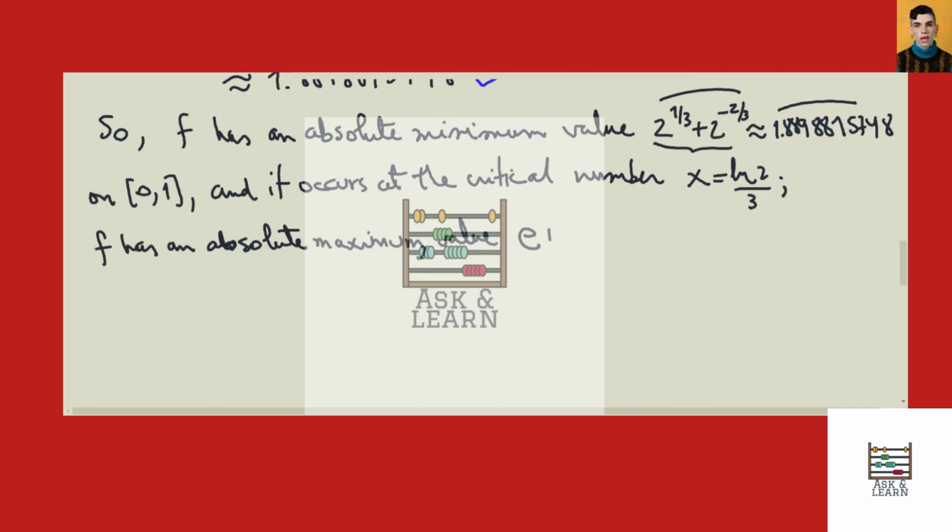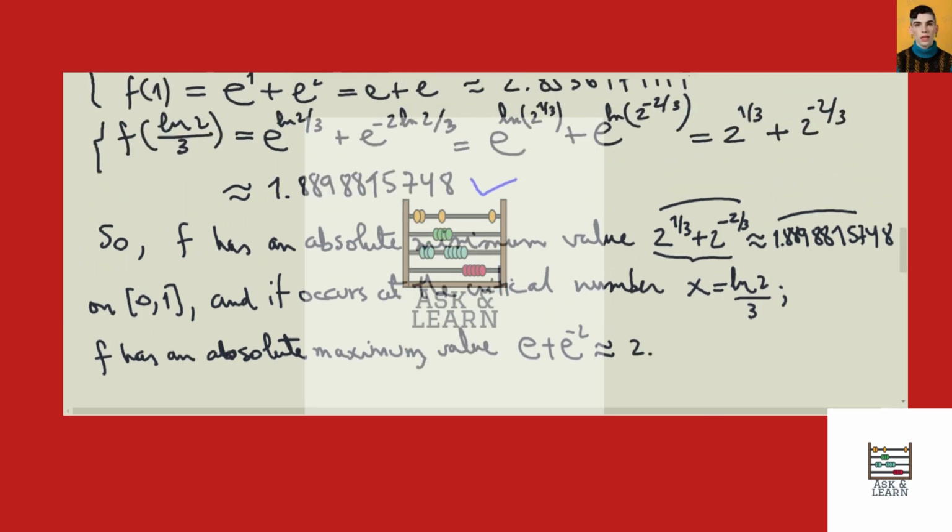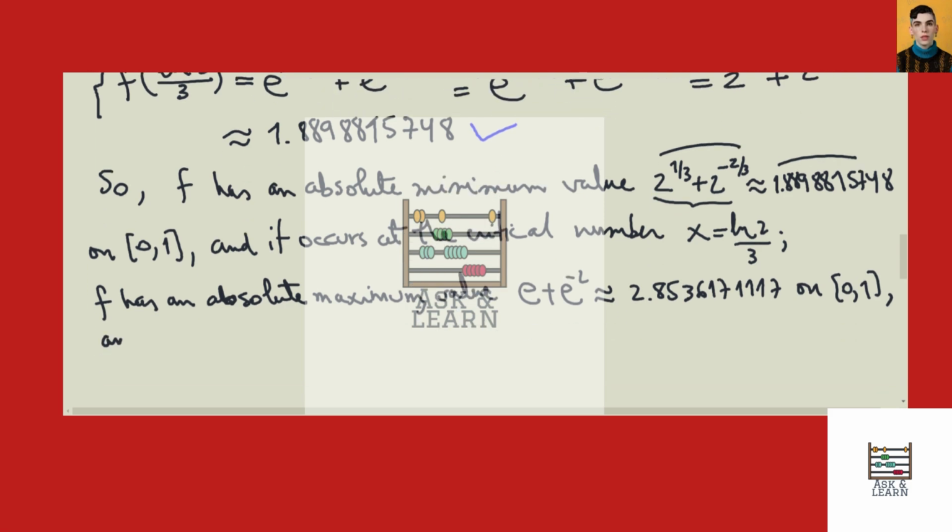So it's the exact value e plus e to the negative 2, and it's about 2.8536171117 on 0, 1, and it occurs at the right endpoint at 1, that is the right endpoint, x equal 1.